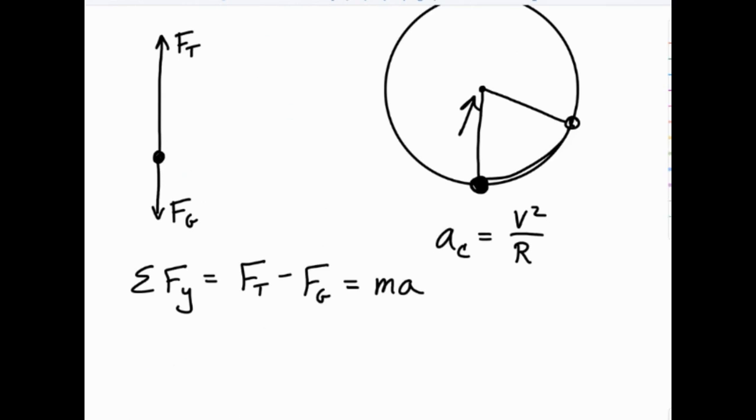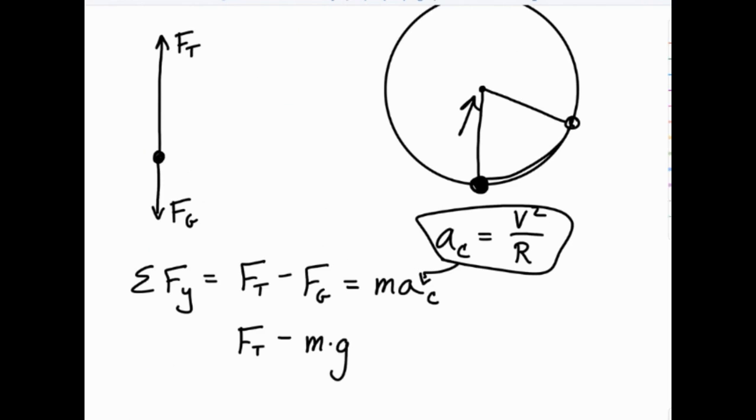In this case, it is the acceleration to go in a circle, so I will be using this and putting it into my acceleration. I don't know Ft, so I'm just going to leave that as Ft, minus gravitational force is just mass times g. And over here, I'm going to use mass times the acceleration to go in a circle, which is just v squared over r.